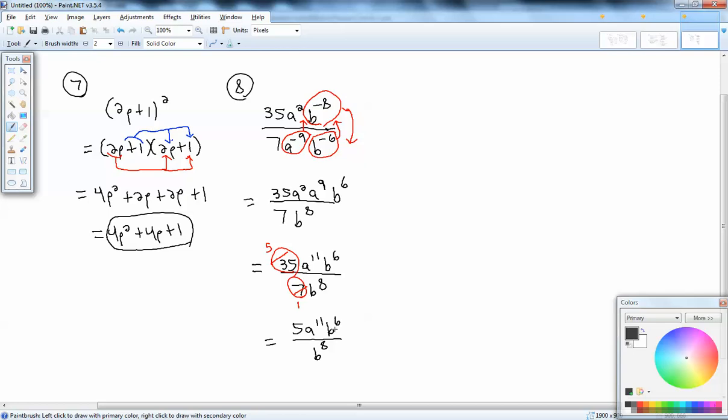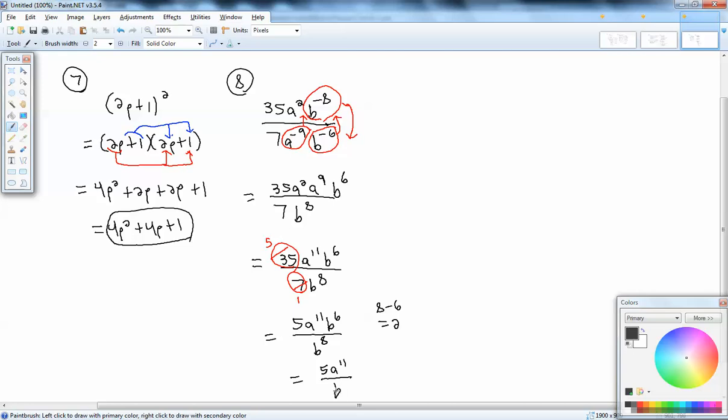Now we have b to a power over b to a power. We're going to subtract a smaller exponent from a larger one. So we got 8 minus 6 gives us 2. And we're going to have b to the second power where our larger exponent was, which is on the bottom. So we're going to have 5a to the 11th over b squared. And that's our answer.